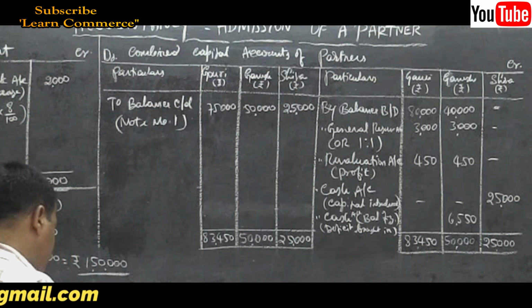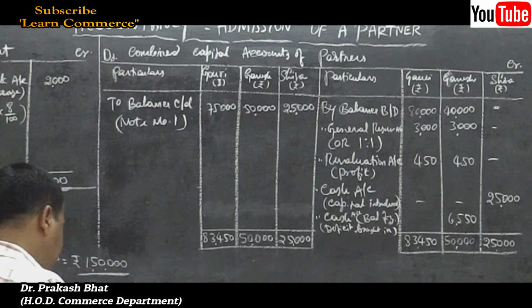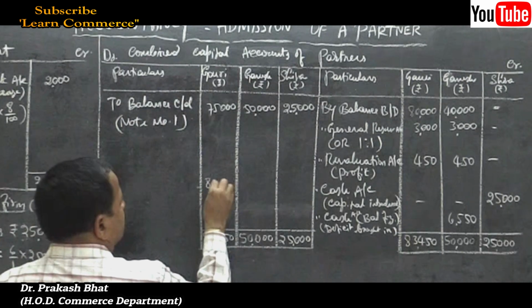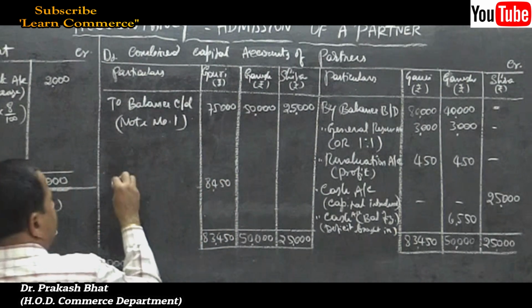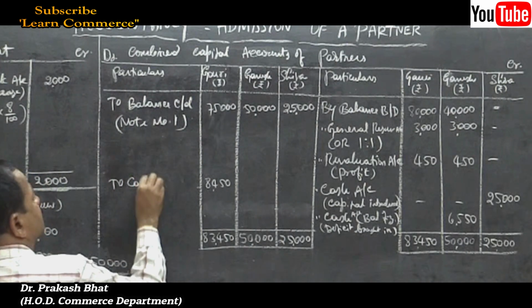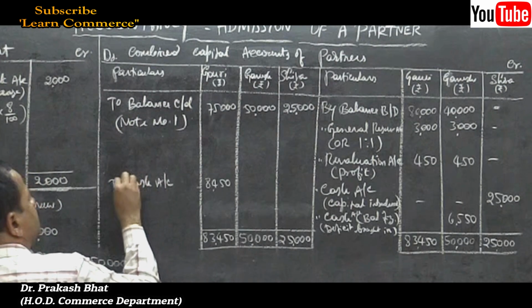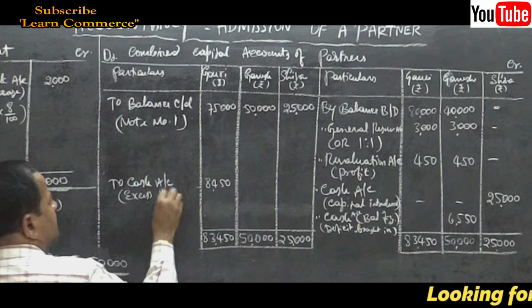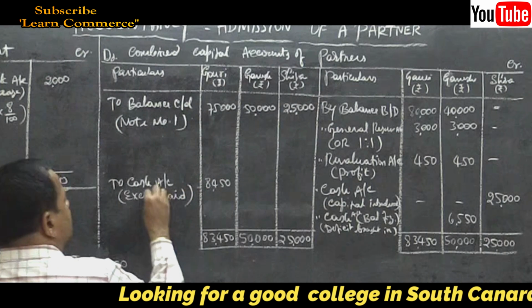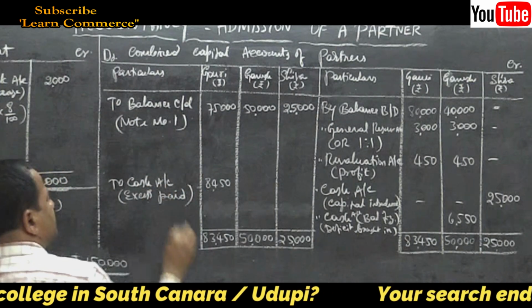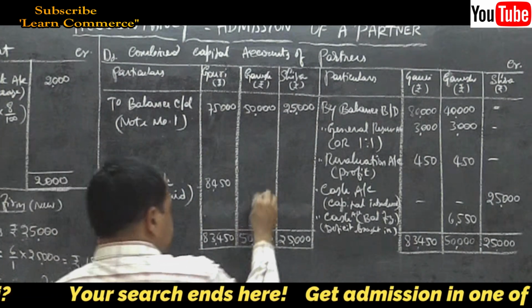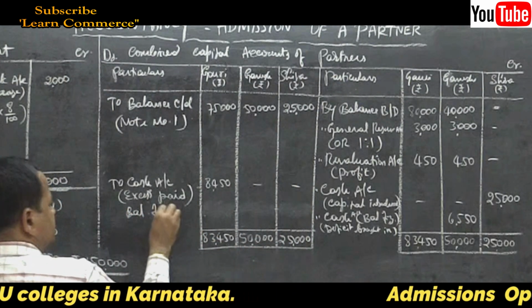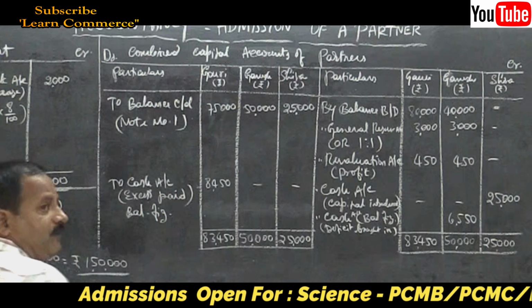How much? 83,450 minus 75,000, 8,450. 8,450 to cash account, excess paid, balancing figure.